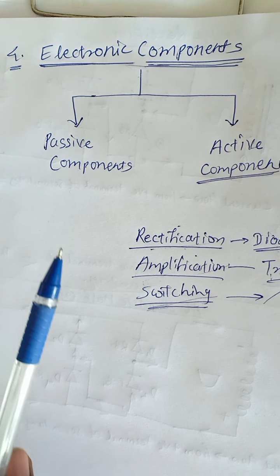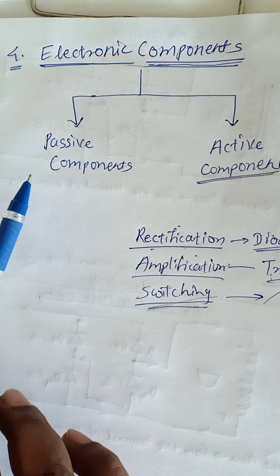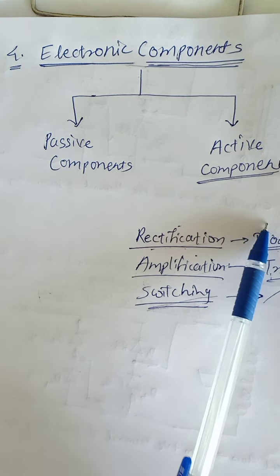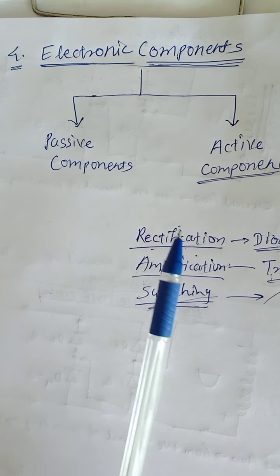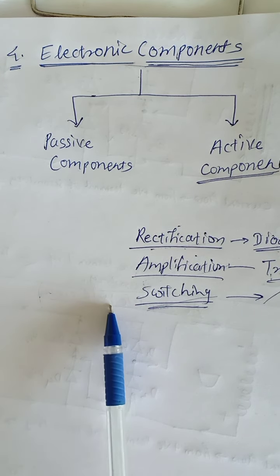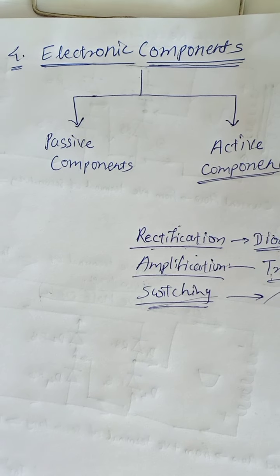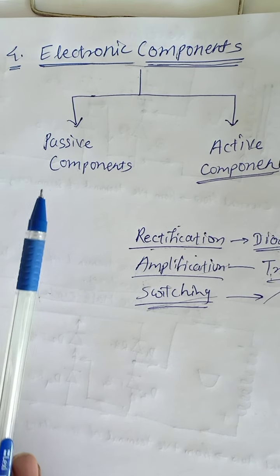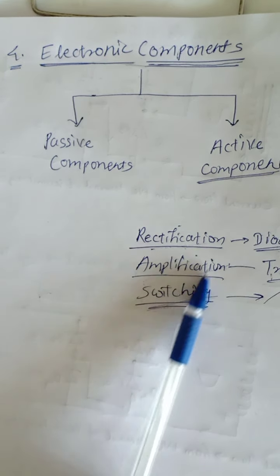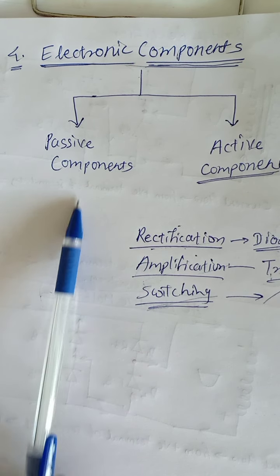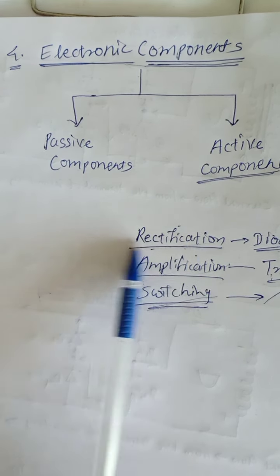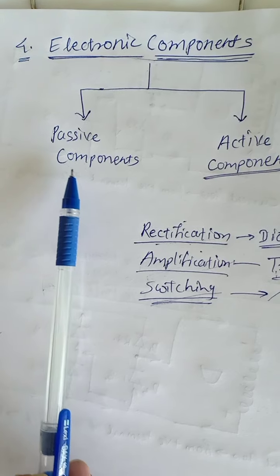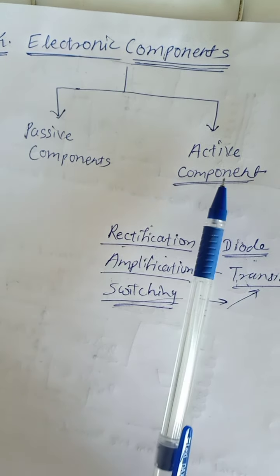The simple definition is: components not used in rectification, amplification and switching, and having a linear relation between voltage and current, are called passive components. The components which are used in active functions like rectification, amplification and switching are called active components. This is a simple definition of active and passive components.